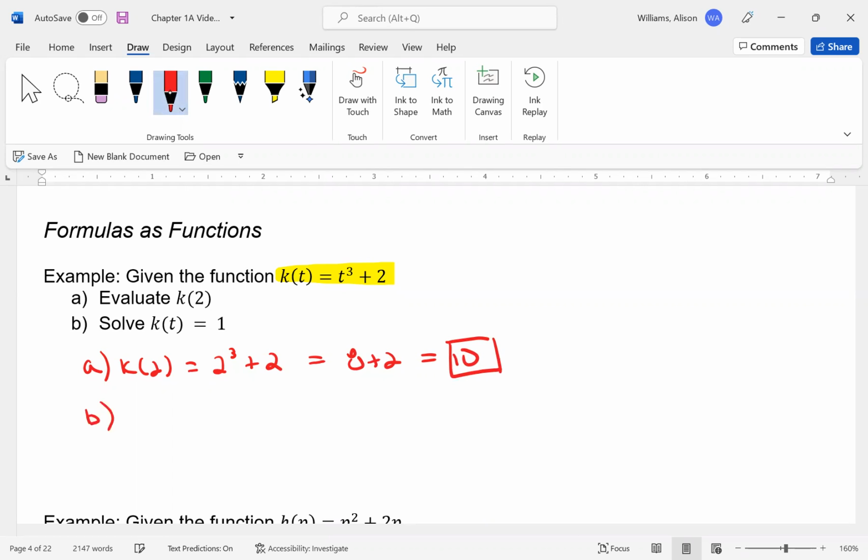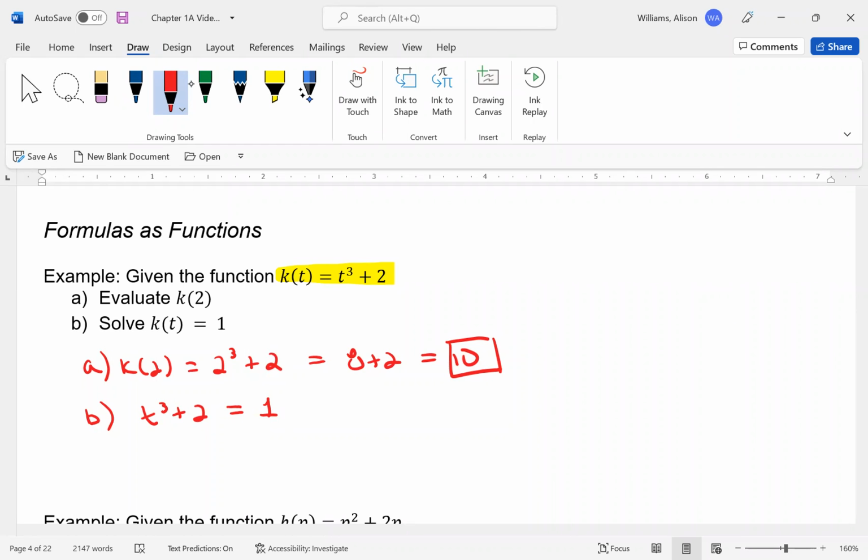Part B says, solve when k of t equals 1. So this is different. They're taking k of t and setting it equal to 1. They're trying to figure out what t value gives us 1. So the way we figure that out is we take the equation and set it equal to 1. We're going to figure out when this equation is going to spit out a 1.